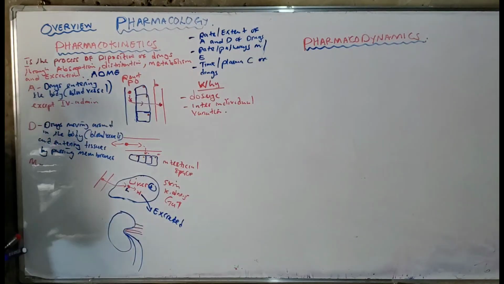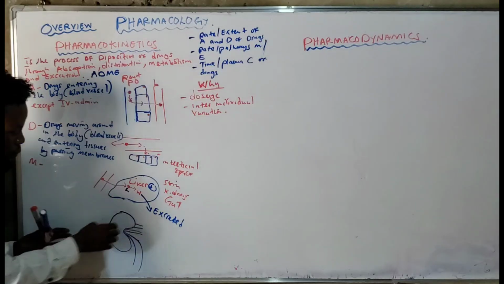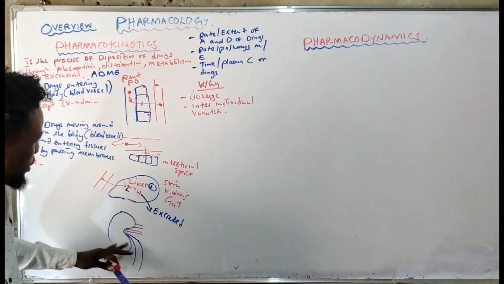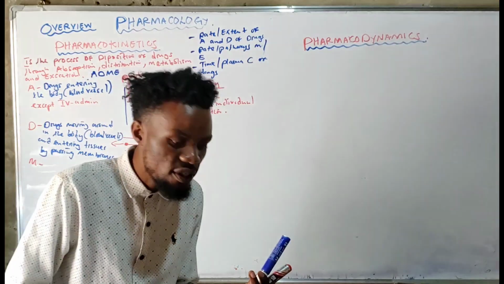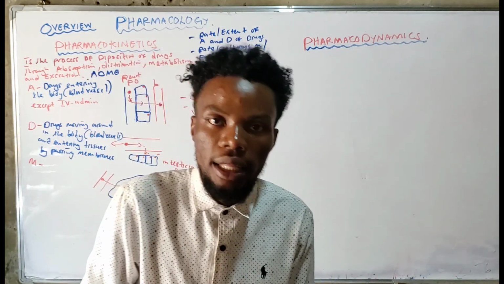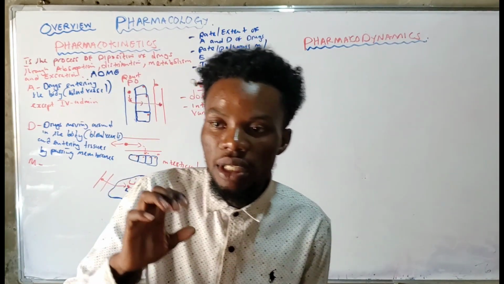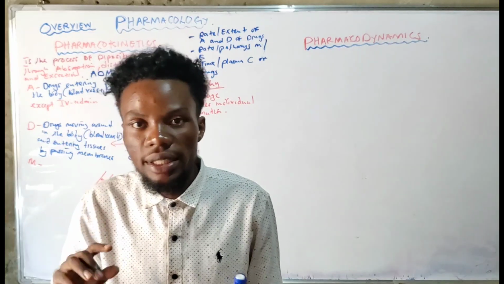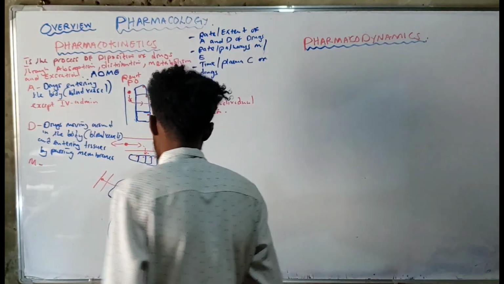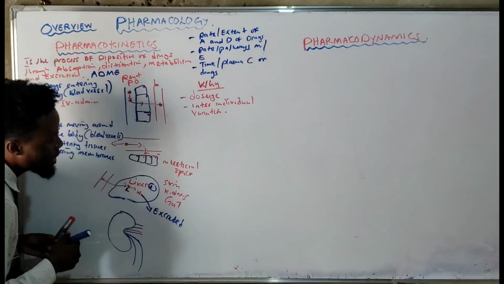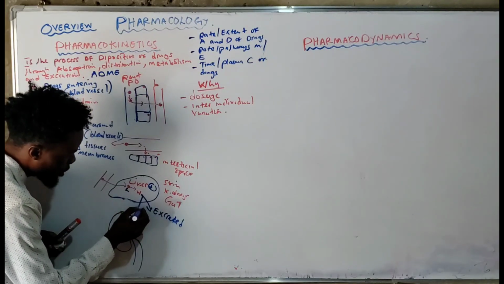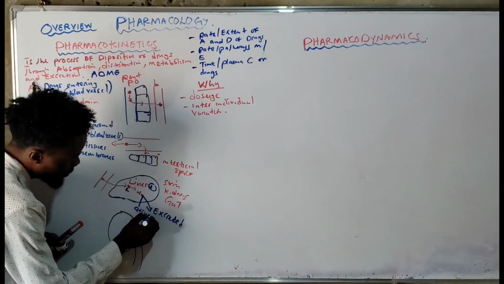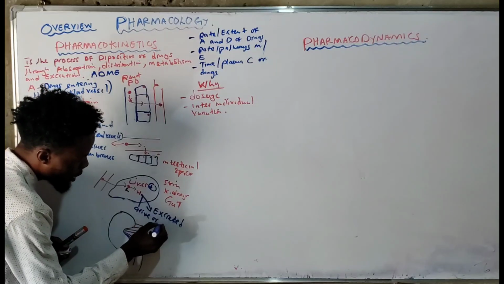But excretion, we'll come and talk about that. Here, under excretion, so that it can be excreted. But the other main reason why metabolism happens, apart from making it easy for elimination, is to make the drug active or inactive.